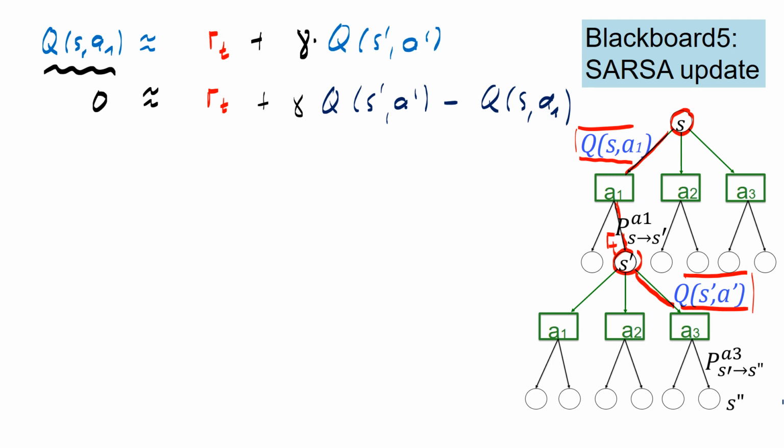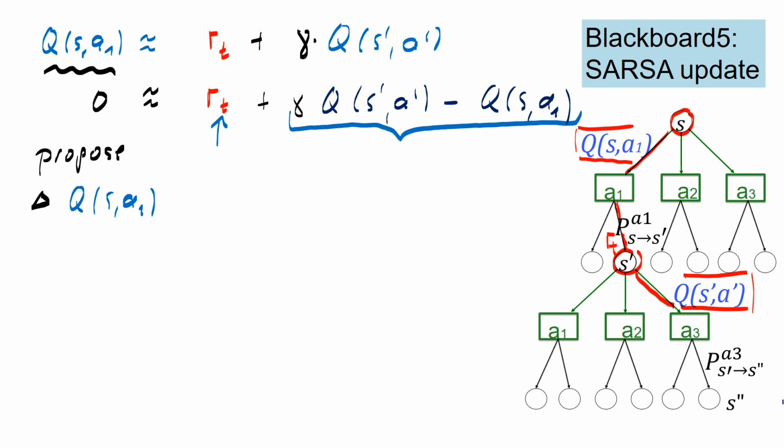So what I propose is that we update Q of S A1 if the actual reward that we get is larger than this difference.